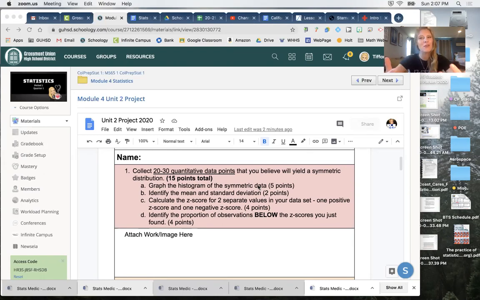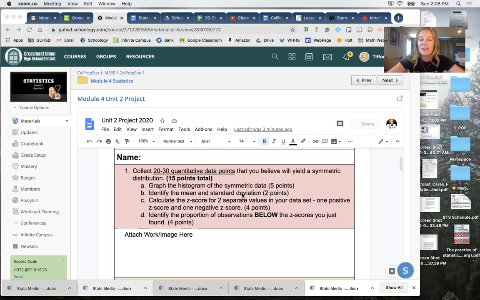Time is a really good one for that. What is your age in months? That's a continuous distribution, and you would more than likely get some kind of symmetric data if you were polling your friends. Now, if you pull in your little brother for that one, then that might be an outlier. So just really think about what your data is going into it.